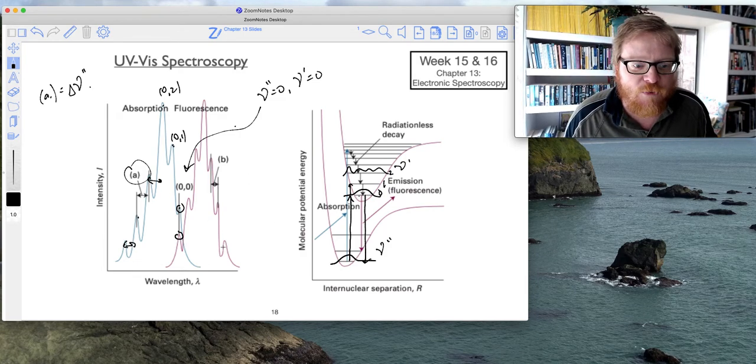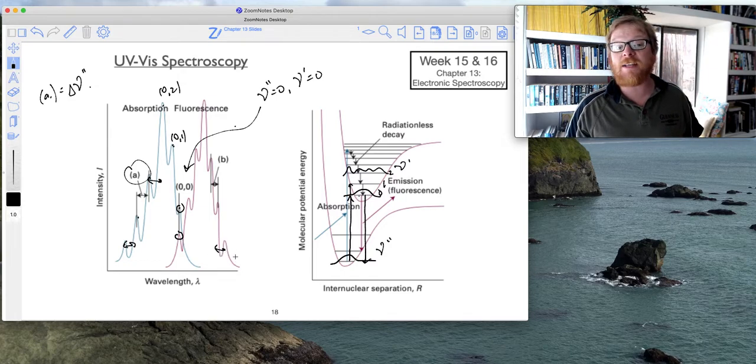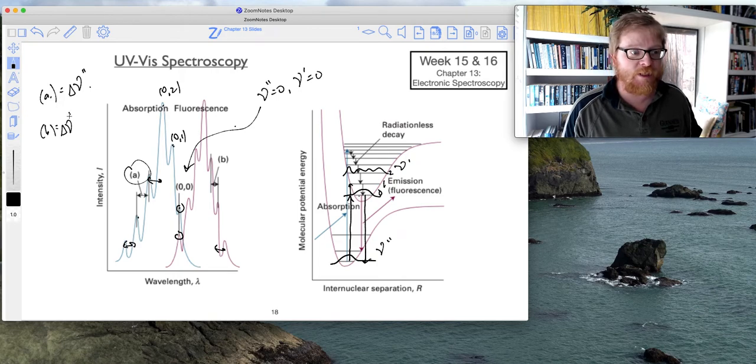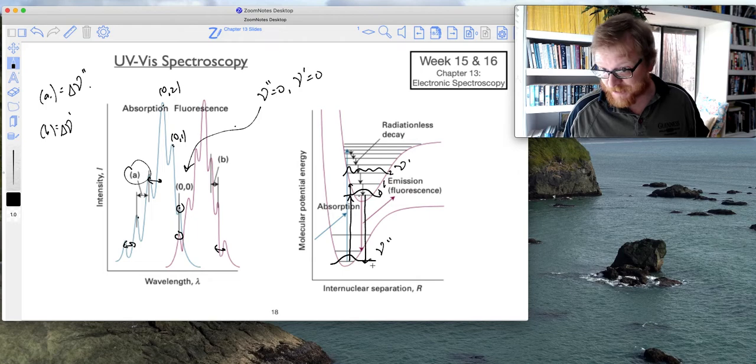And now what you're seeing right here, the peak-to-peak distance on this fluorescence profile, B, is going to give me the change in frequency, or the vibrational frequency, for the ground state, right?